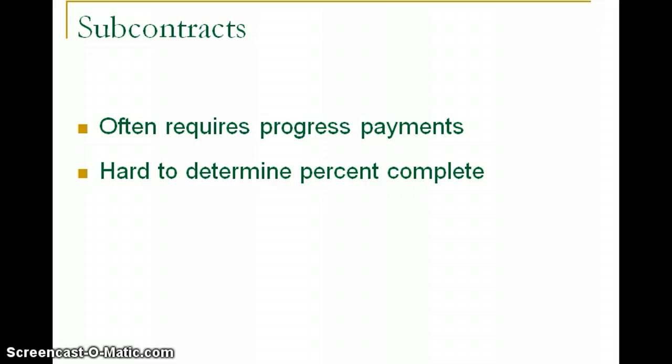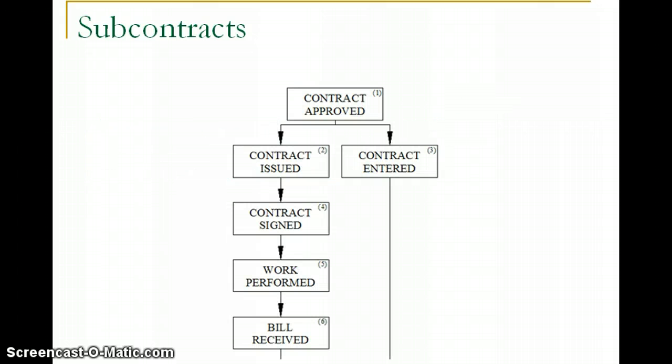With the approval and verification of the architect or project engineer, the contractor would then be paid, and then once the contractor is paid, the contractor will process payments to subcontractors.